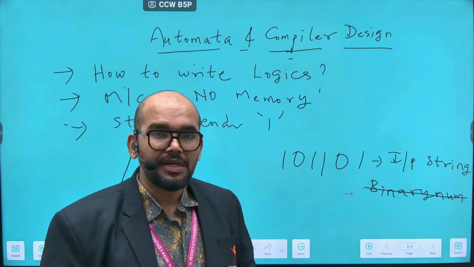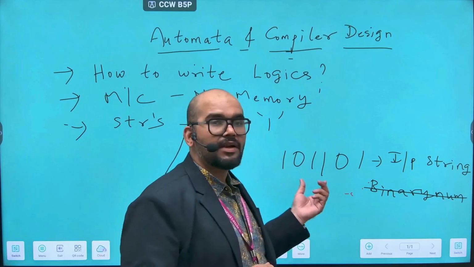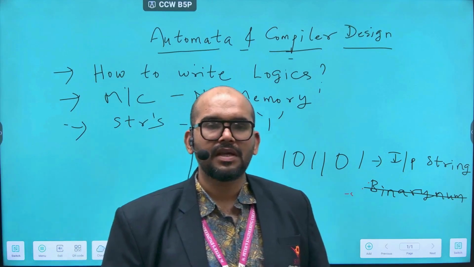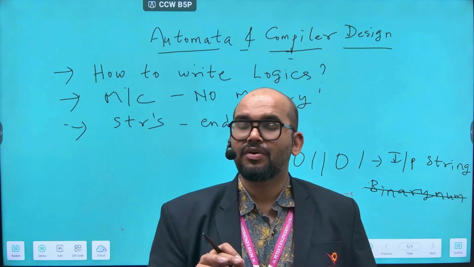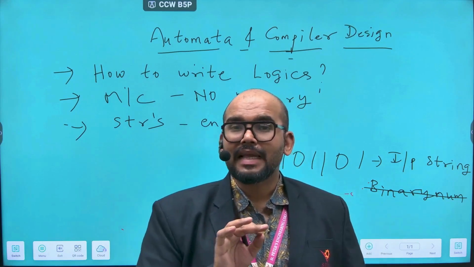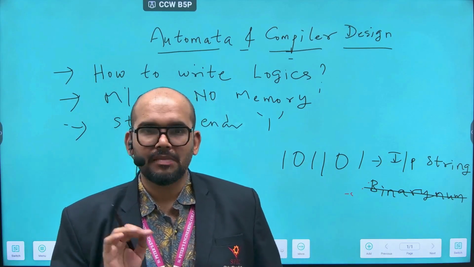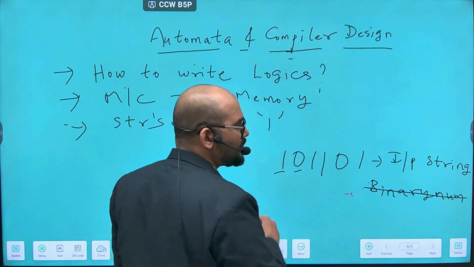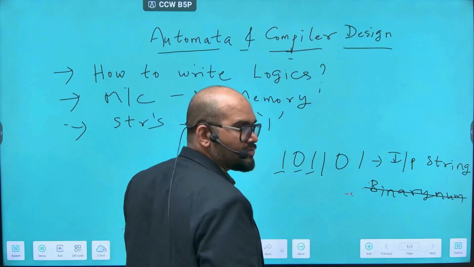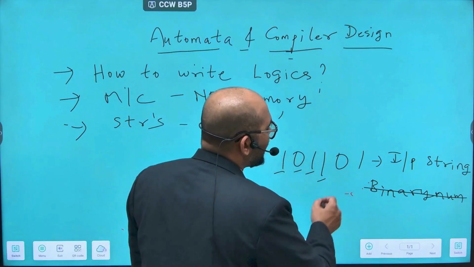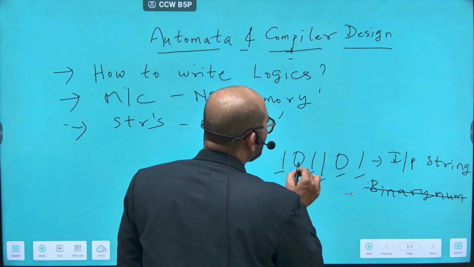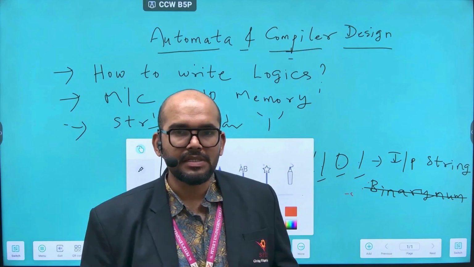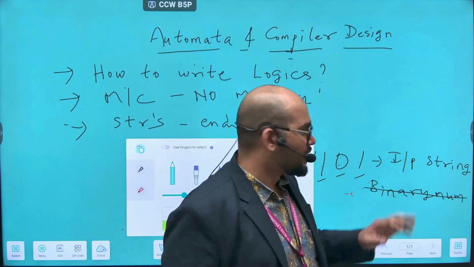An input string will have a set of input symbols. In some courses they call them input characters, but we should not call them characters, we should call them input symbols. For example, 1 is an input symbol, 0 is an input symbol. Here we have totally 6 input symbols within this input string.